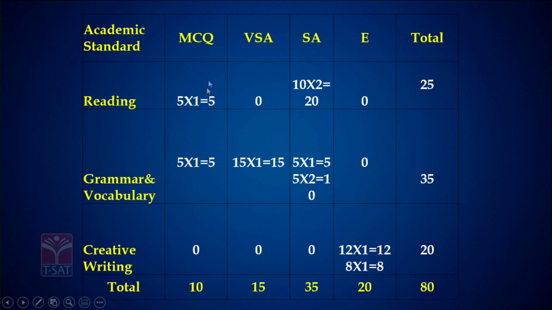And for reading, the weightage is 25 marks, whereas for grammar and vocabulary 35 marks, whereas for creative writing 20 marks. So, we all know that in CCE the summative examination is administered for 80 marks, and what about the remaining 20 marks? They are taken from formative assessment.